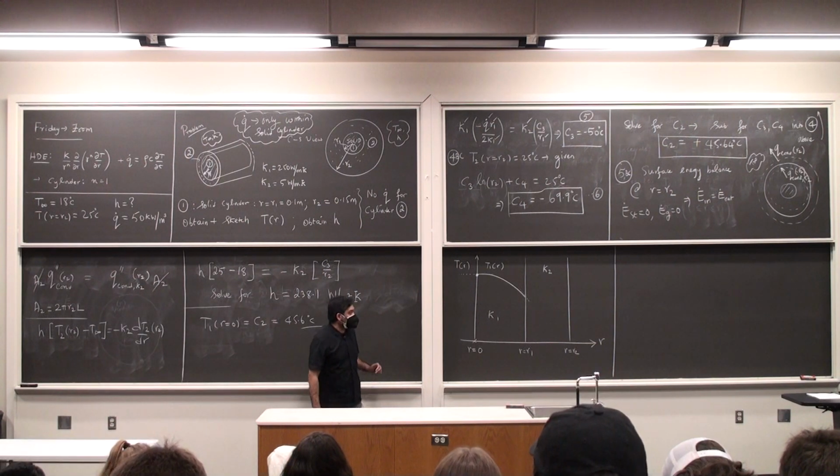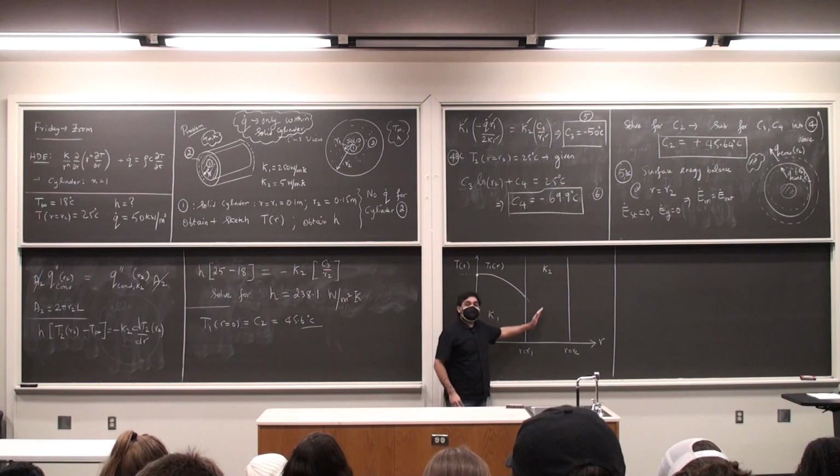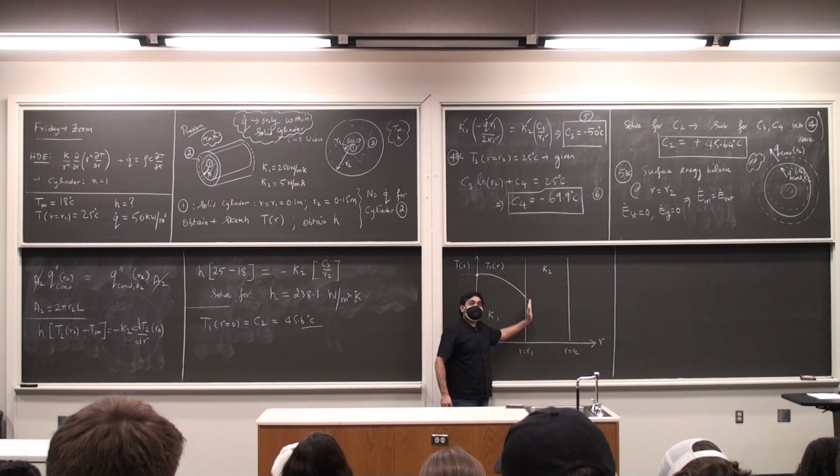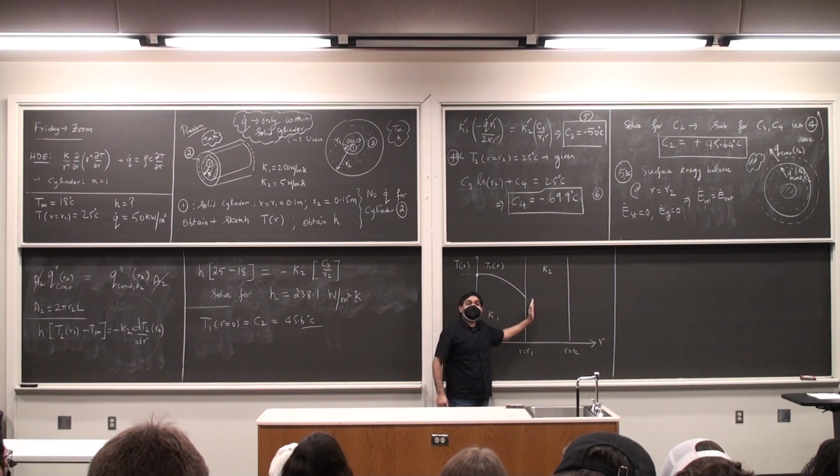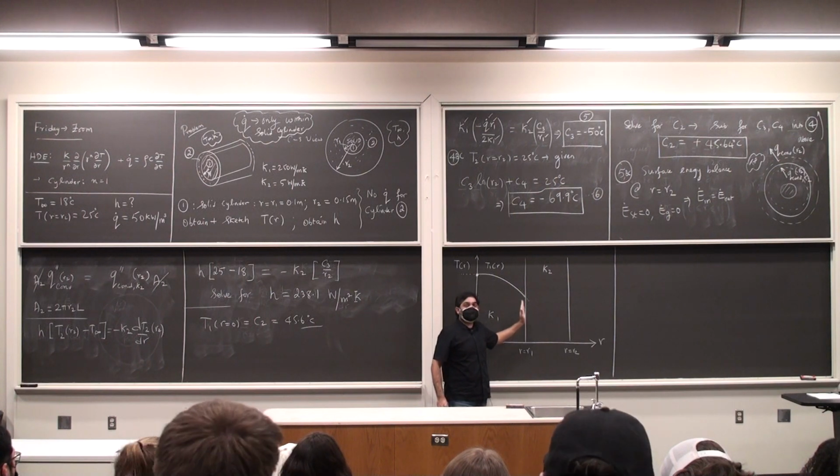Alright. My next question is this. As I enter the material K2, what do you know about the slope at the entry, R equals R1, into the material K2? Is the slope higher or lesser? We just derived it some time back.